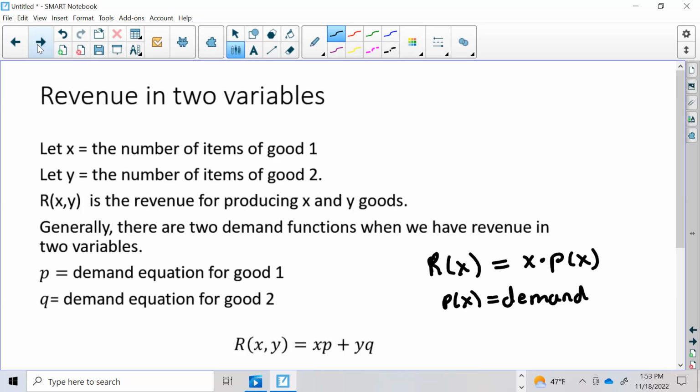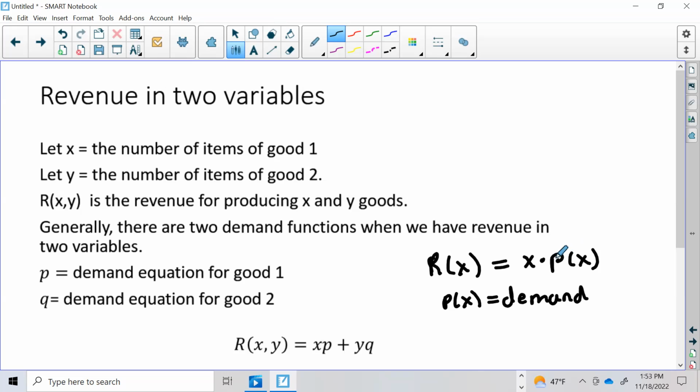x is the number of items of good 1 or whatever they define it to be, and y is the number of items of good 2. And if we're talking about the revenue of 2 functions, we say the revenue of x y is the revenue for producing x and y goods. Now, if we think about revenue, when we talked about it with just a function of one variable, we always took the number of items times the demand function.